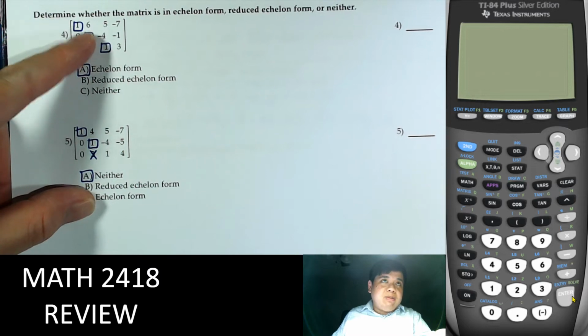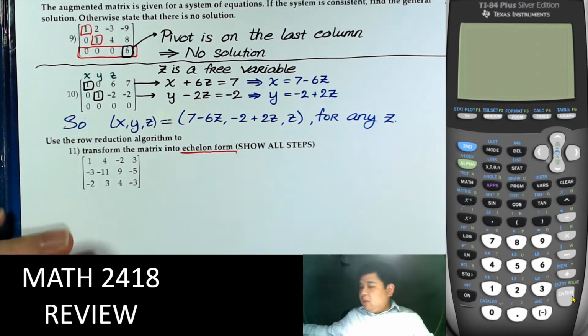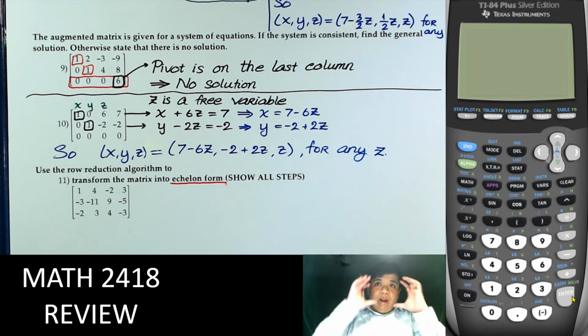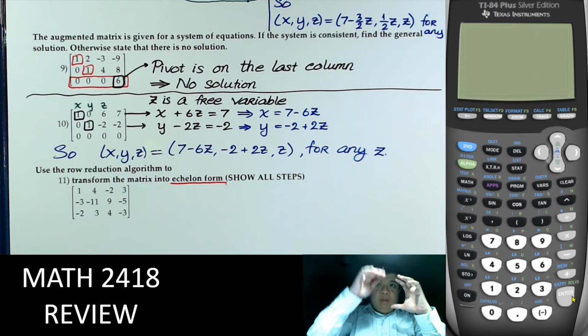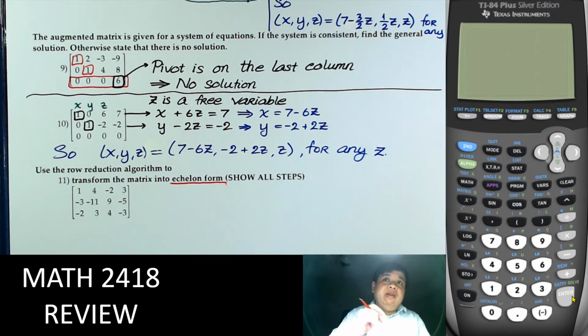We don't have to have 0 above the pivots. Wherever the pivot is, everything below that will be 0. That will be enough. And the way the book defines it, the pivot entry doesn't have to be 1 as long as it's not equal to 0.